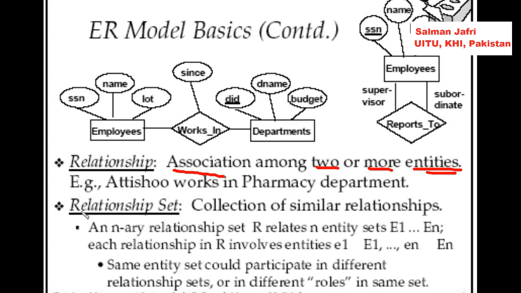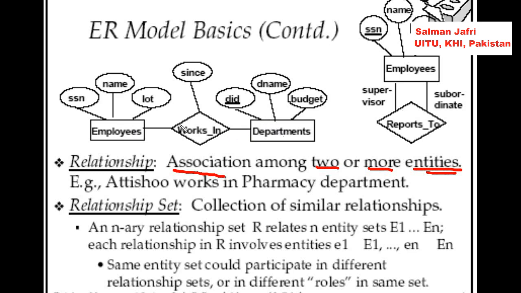So, the works in relationship set contains the rows that represent the relationship of employees working in departments, and it can be an n-ary relationship which would relate n entities with the relationship. So, these are two entities. So, this is a binary relationship because this is entity 1 and this is entity 2, binary.